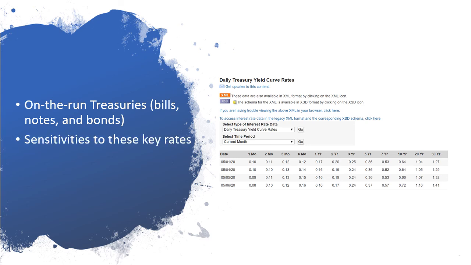In the next video, I will demonstrate how to use these key rates to calculate the price of the bond and the sensitivities with respect to these key rates. Basically, it is a shock of each key rate one at a time and calculate the price change, as we did in the Macaulay duration.